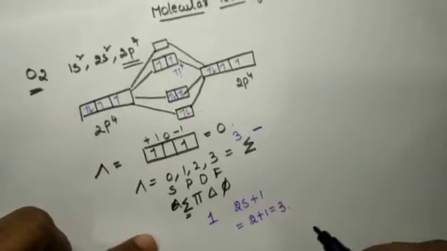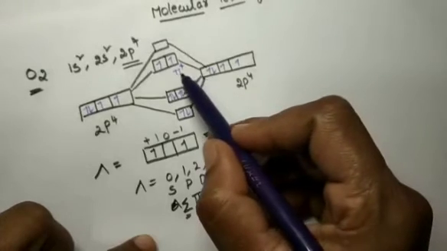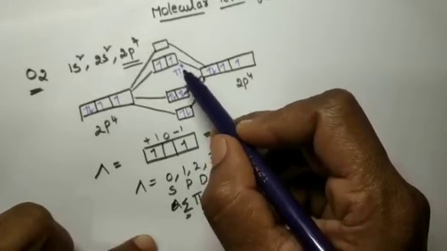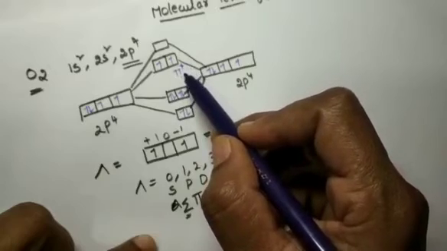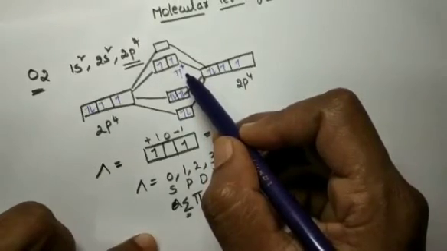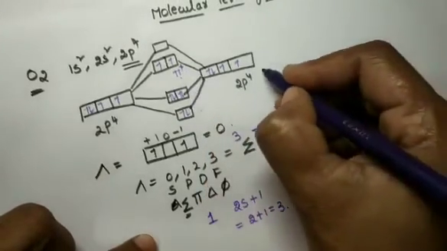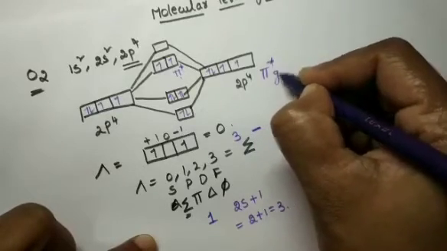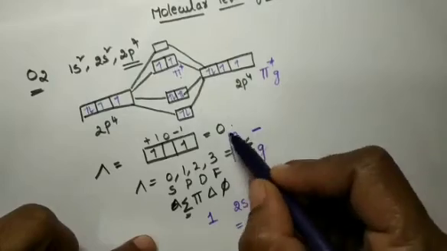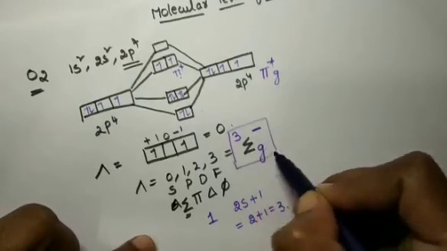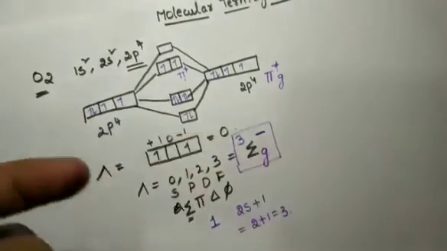Spin multiplicity is 3. This is a pi star orbital. Already I told you about gerade and ungerade in the last class. So pi star is gerade. So this is the molecular term symbol for O2.